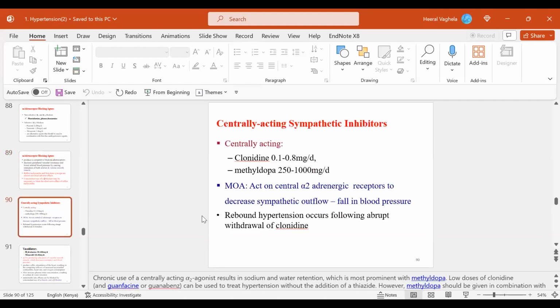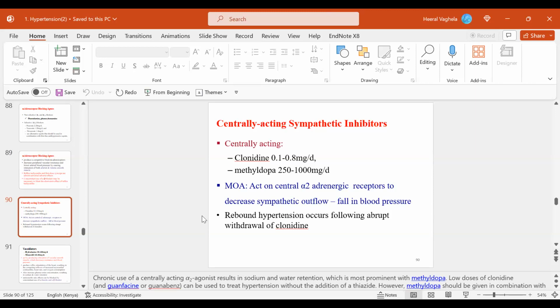Then you have centrally acting sympathetic inhibitors like clonidine and methyldopa, which decrease sympathetic outflow, therefore they decrease blood pressure. For clonidine, there's a withdrawal effect where the patient can get rebound hypertension.